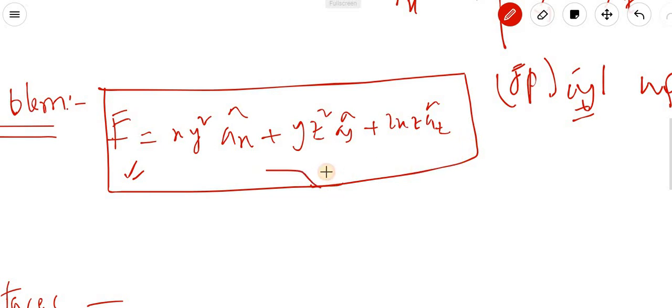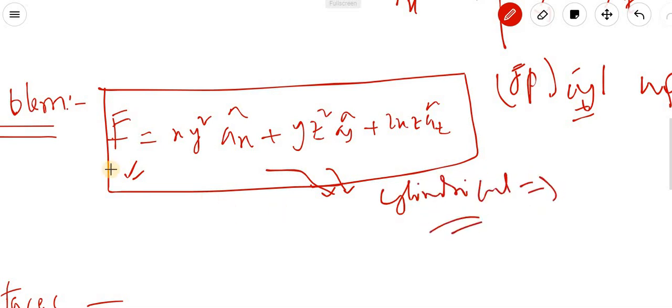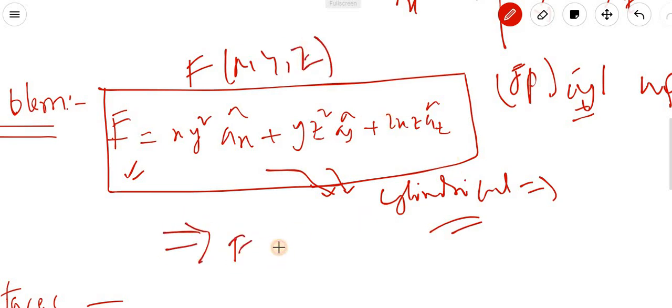Convert it into the cylindrical coordinate system. That means this is a function of x y z, and you have to go for a function of rho phi z.